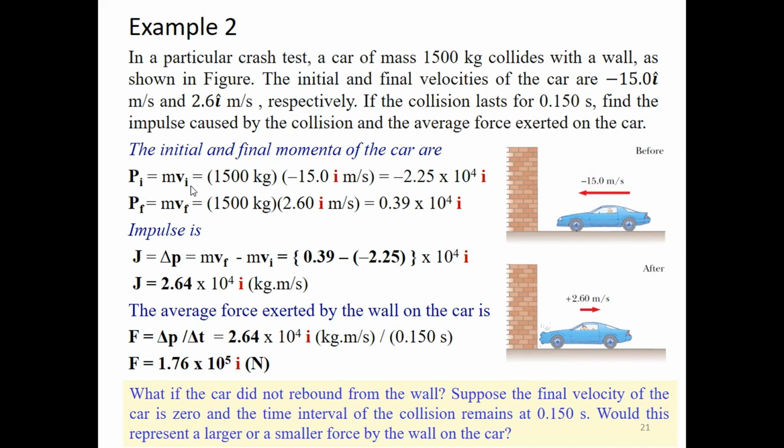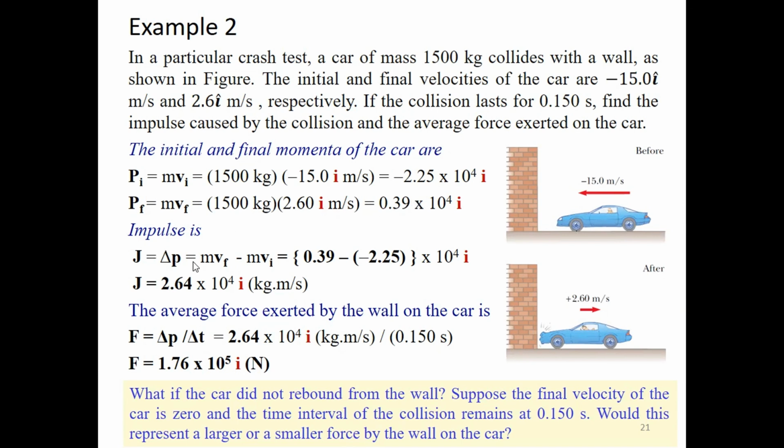Pi equals m into Vi, which is the mass, 1,500 kg, into minus 15.0 i unit vector meters per second. So the answer is there. Similarly, P final is 1,500 kg multiplied by 2.60 i unit vector, and the answer is there.